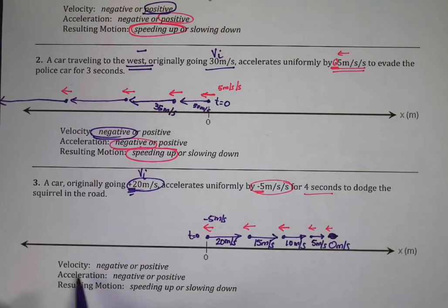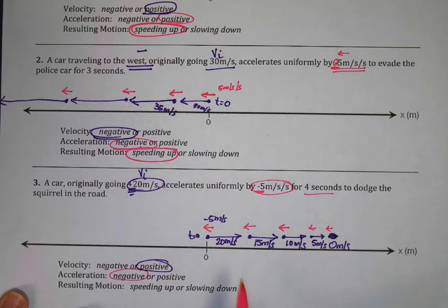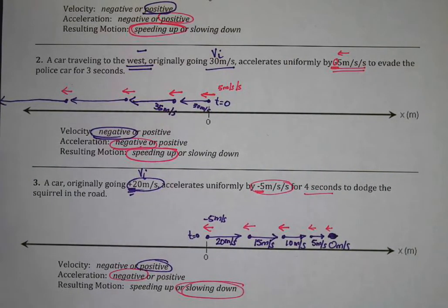Looking at the velocity here, we have a positive velocity, the direction of velocity, we have a negative acceleration, and the resulting motion was going from 20 to 0, which is slowing down. So hopefully you're picking up the idea that this direction of acceleration matters, and that objects that accelerate don't necessarily speed up.